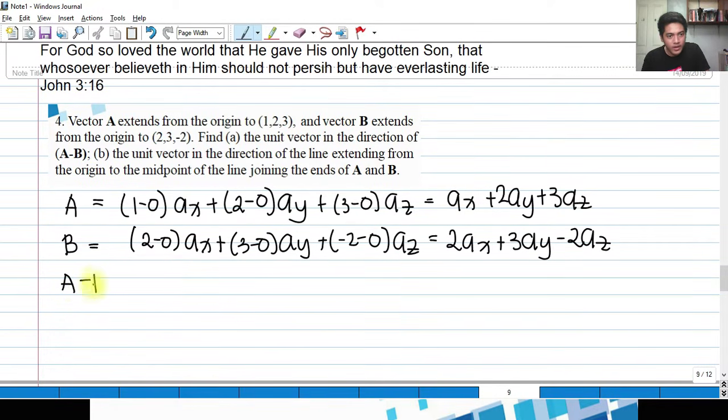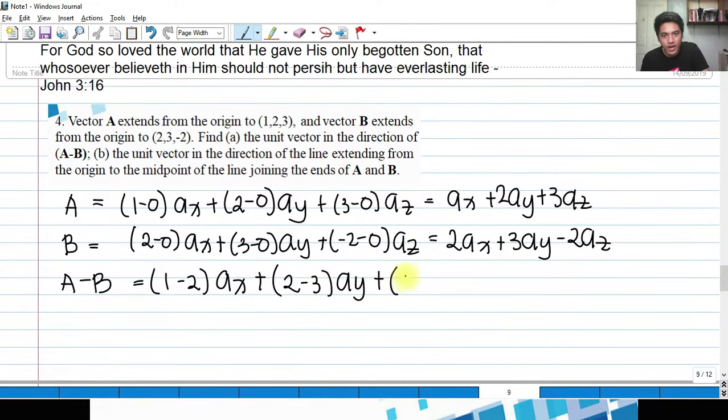It says the unit vector in the direction of A minus B. So A minus B would be 1 minus 2ax plus 2 minus 3ay plus 3 minus negative 2a sub z.